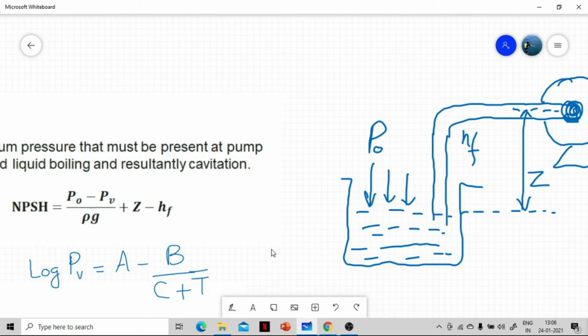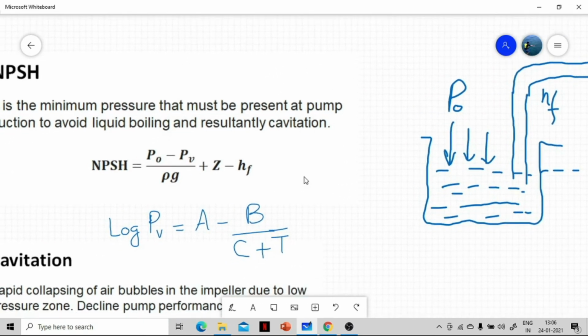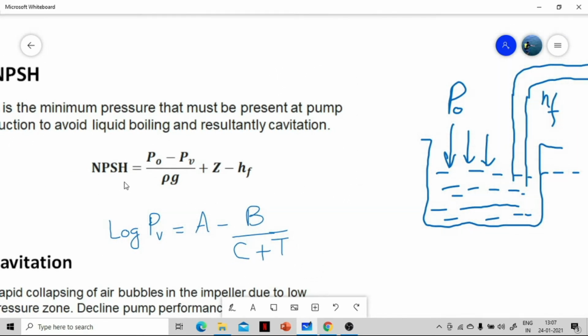In this picture, this is the suction reservoir, and P naught is the absolute pressure, or the atmospheric pressure in this case, on the reservoir. The distance from the liquid level up to the center line of the pump is Z, and the friction losses in this line are HF. Using this formula, you will be able to find the NPSH, net positive suction head, for your system.